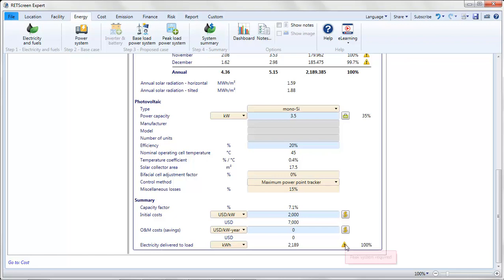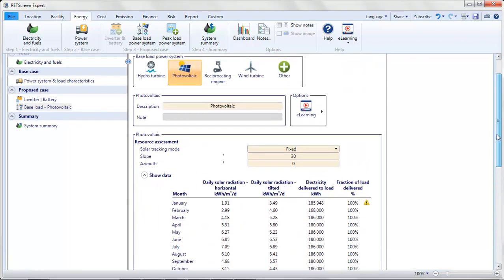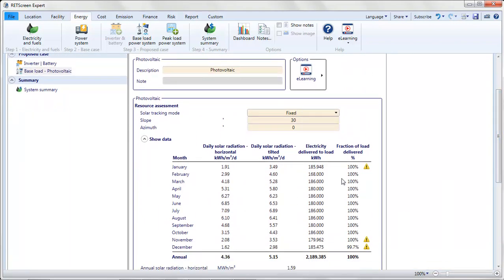Now at the bottom here we see this warning sign that the peak system is required. That's because this base load system, this photovoltaic system, is not meeting absolutely 100% of the load. This is just being rounded to 100%, but obviously for some very small percentage of the year this is not fully meeting the load. So the red screen is warning us, if you want to meet the load 100% of the time, you should add a peak load system here, which in this case would probably be a genset.